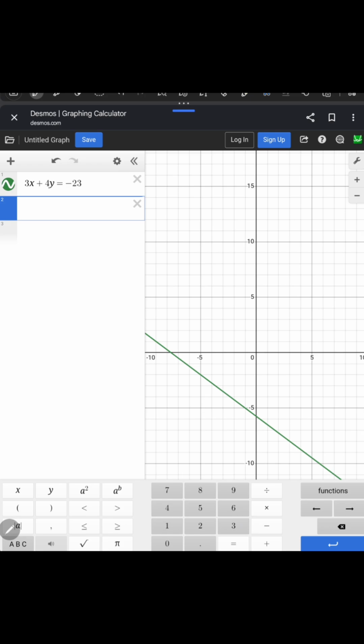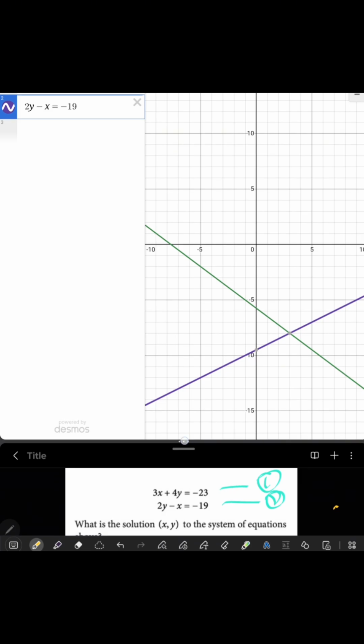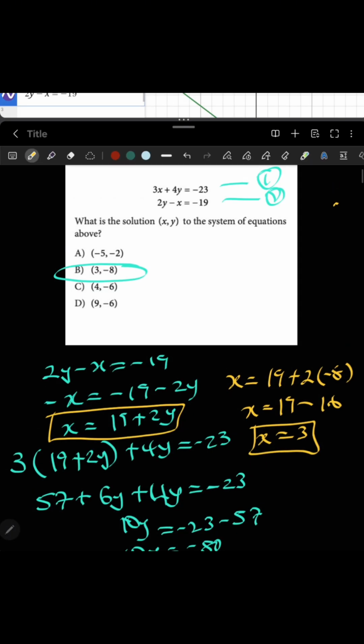Then we go to the second equation, which is 2y minus x equals negative 19. And you can see the value here is (3, negative 8), and that validates our answer here, which is (3, negative 8). So you can do it in either way you want.